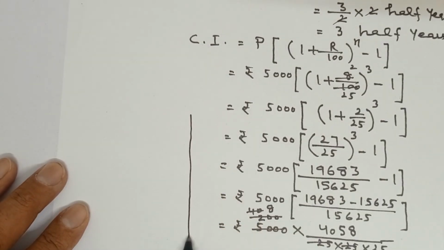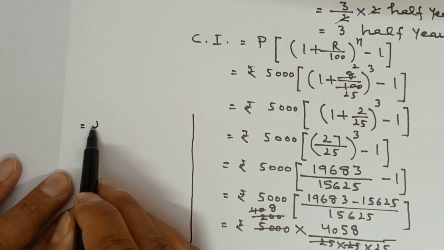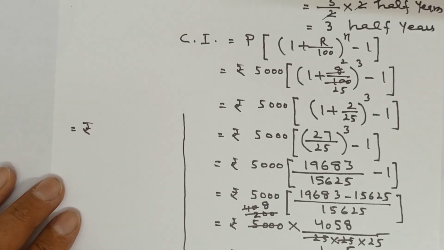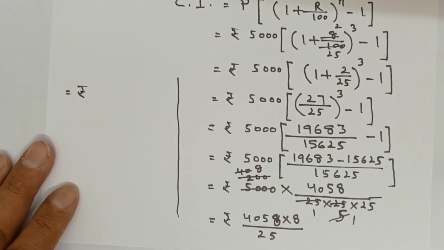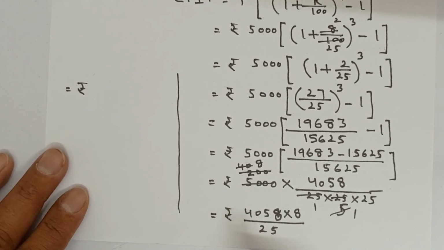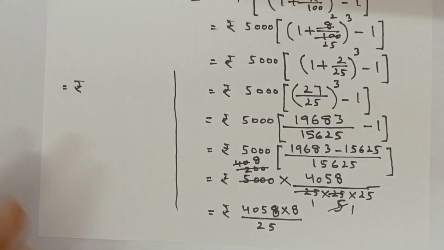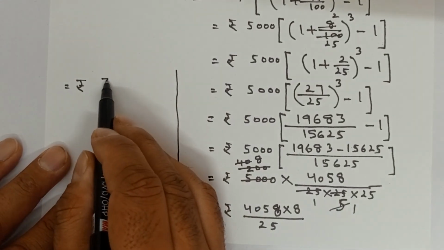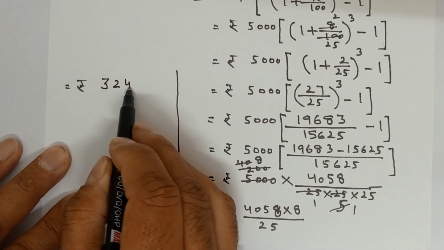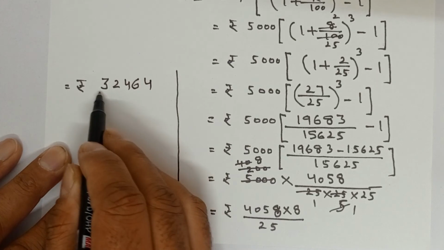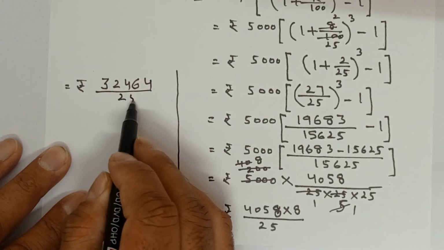Here I am doing rupees 4058 into 8 upon 25. To make the calculation easy, I will do one thing. In the rough work, 4058 into 8 will give 32,464 divided by 25.